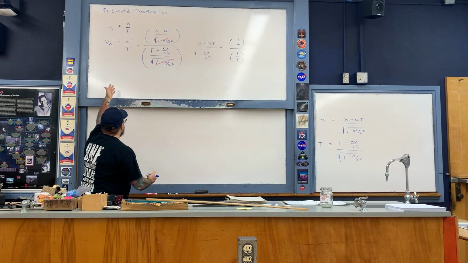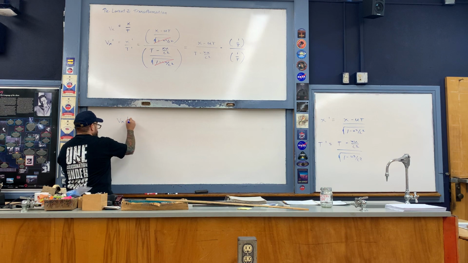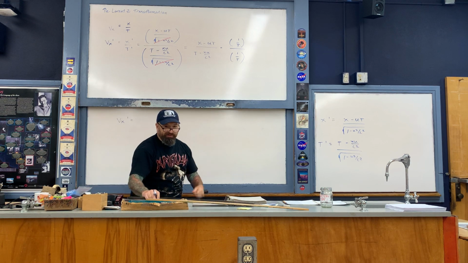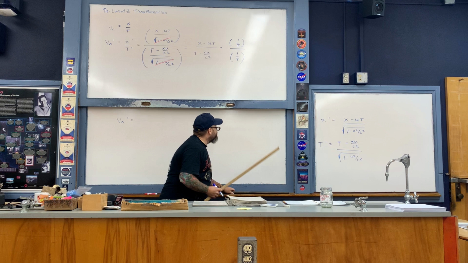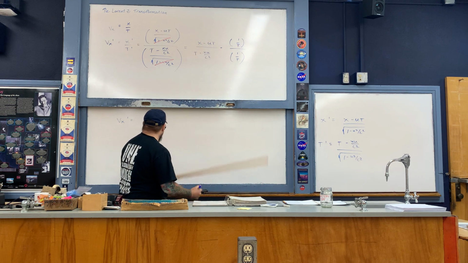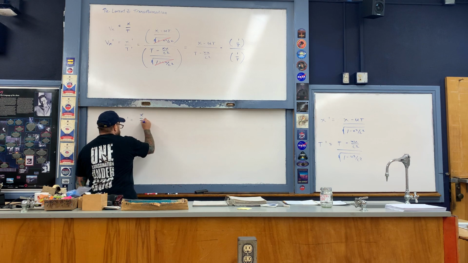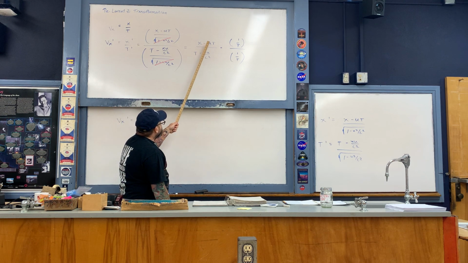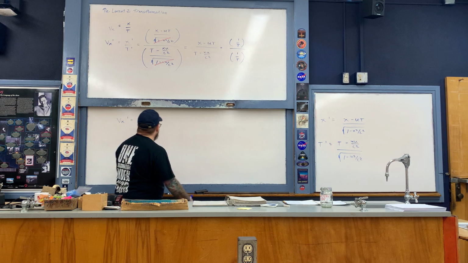Okay, so I now have v x prime. That's going to equal now the following. Let me go ahead and get my sticks here, one of which I need to point with. So I first of all have here x over t, like so. And then minus ut over t, where the t's cancel out.